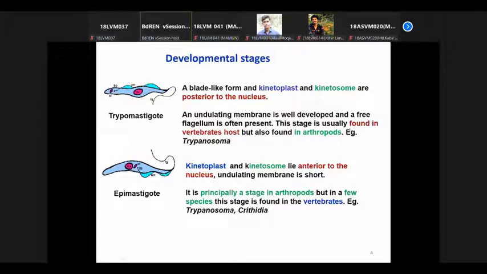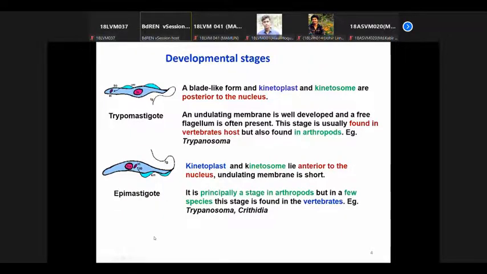Trypomastigote is found in the vertebrate host usually, but epimastigote is found principally in arthropods. But in a few species, the stage is found in vertebrates. Example, Trypanosoma and Crithidia. These two examples.